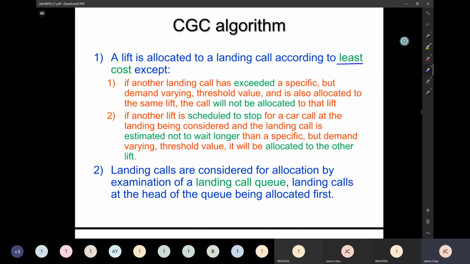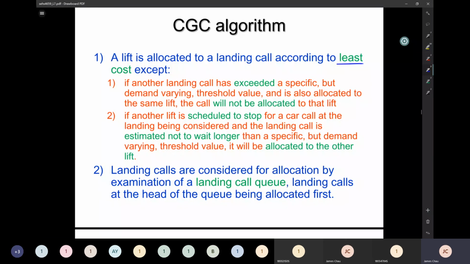If we have received a call that exceeds this threshold, then the lift will be allocated to serve the call. On the other hand, if not exceeded, then the call will not be allocated.